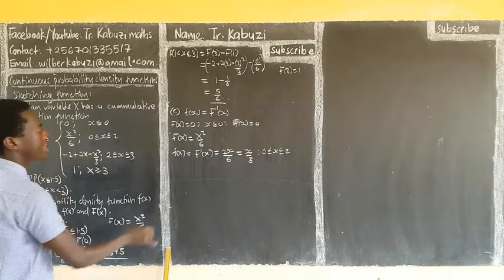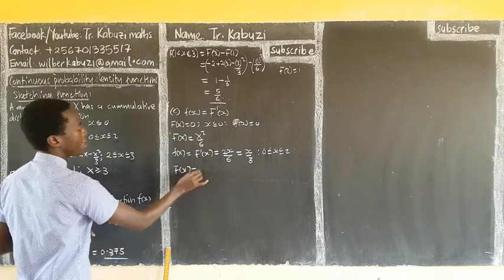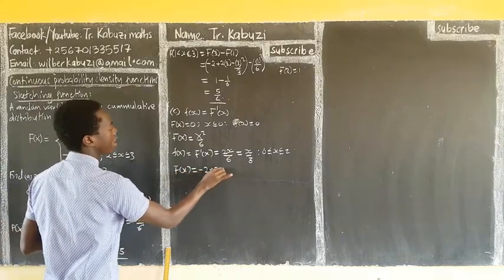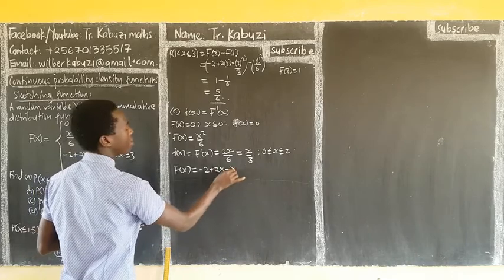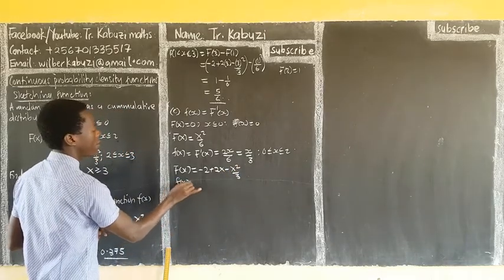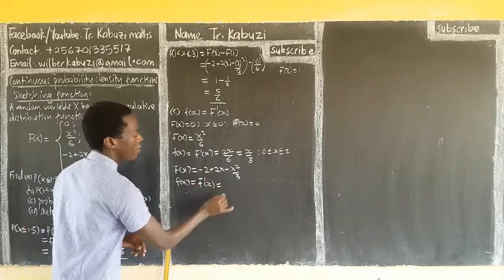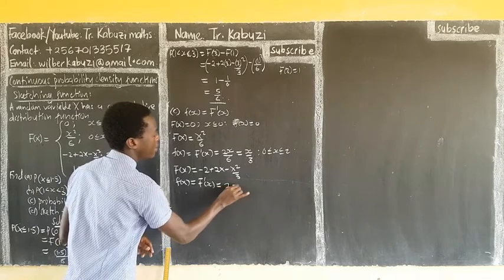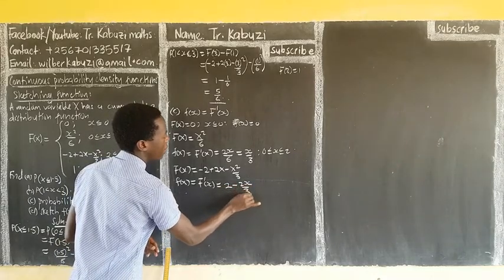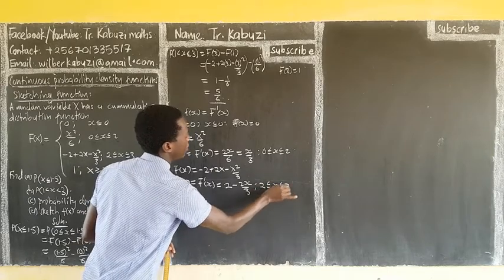Now when I come to this, my capital F of x is negative 2 plus 2x minus x squared over 3. So my small f of x will be, when I differentiate this one, I get 0 plus 2 minus 2x over 3, at the interval of 2 less than x less than 3.